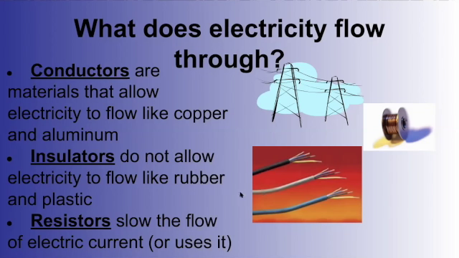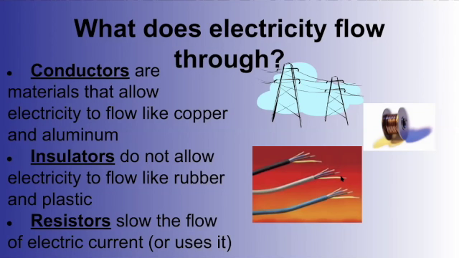Now, I bet you that the material that is surrounding that cord is wrapped in rubber or plastic. And then in the middle of it, you're going to have your conductor, which is going to be a type of metal.